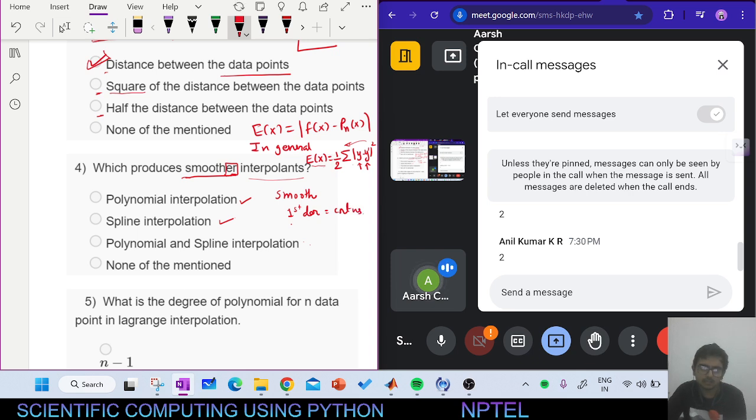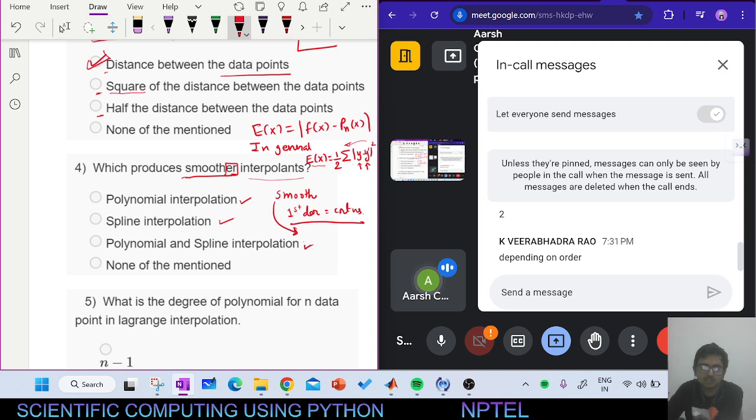This is what in maths they mean by smooth. So which produces smooth interpolants? Both of them produce smooth interpolants. Now which one of them is smoother? That cannot be answered using this definition, because it can be either smooth or non-smooth. So let's upgrade the definition of smooth.